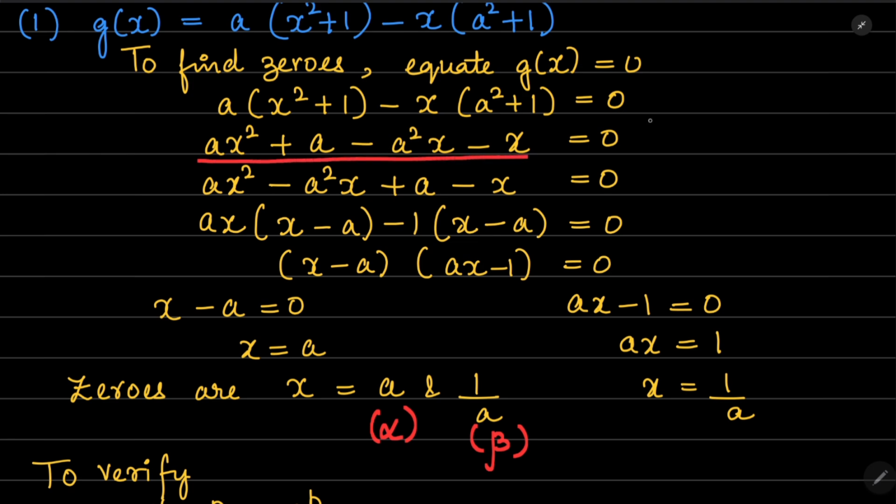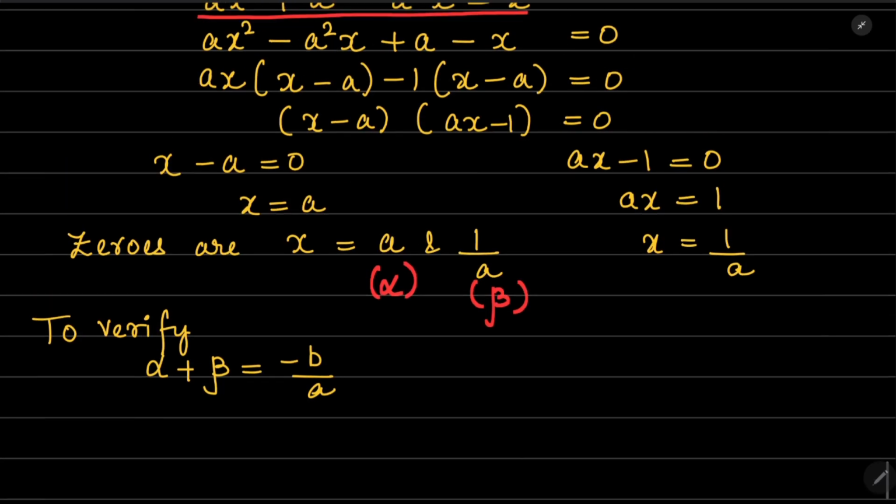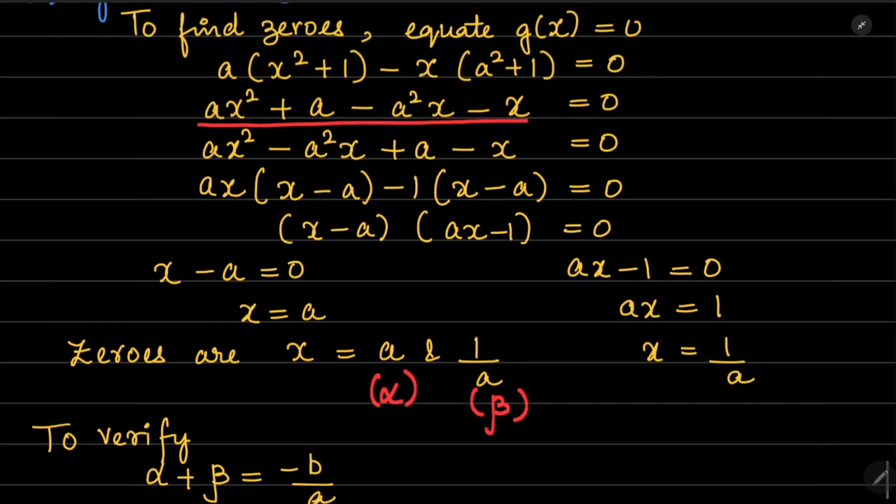I can write this particular polynomial, I'll write it below. So ax square, okay, and then plus, or you can take a minus (a square plus 1) multiplied by x.